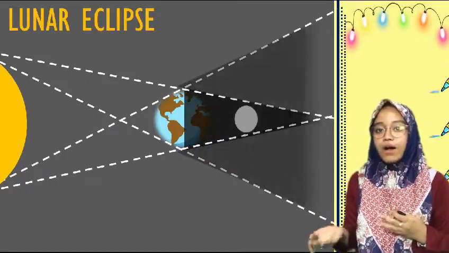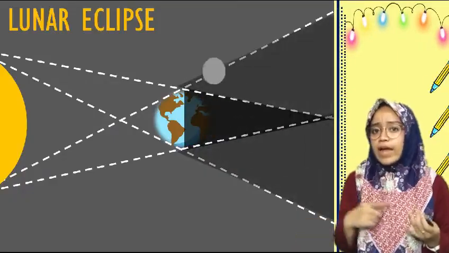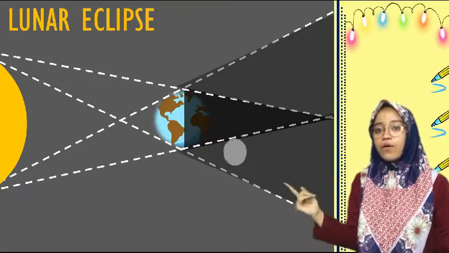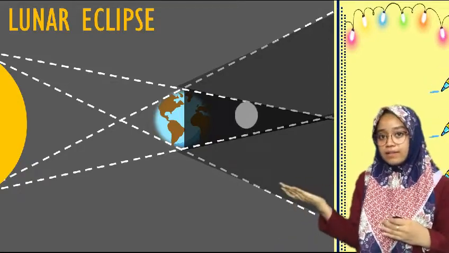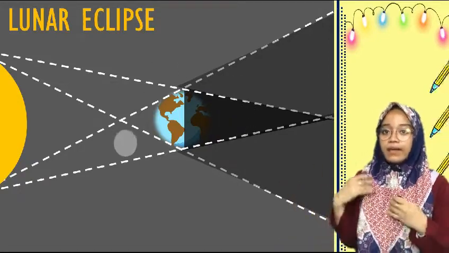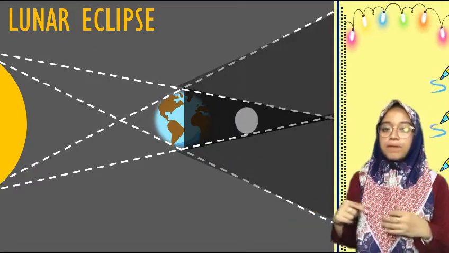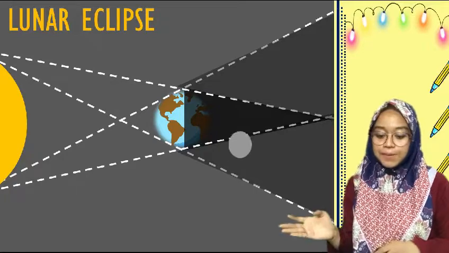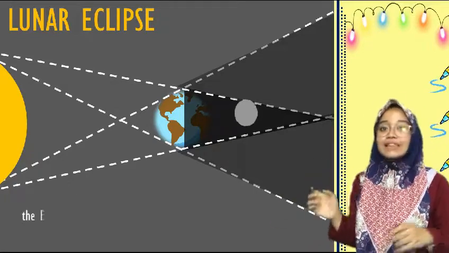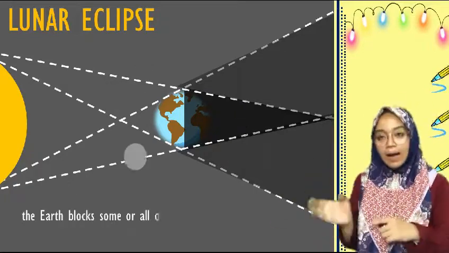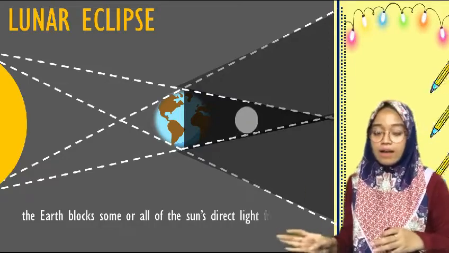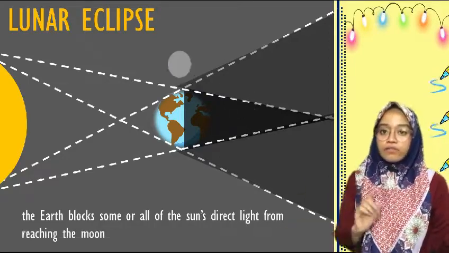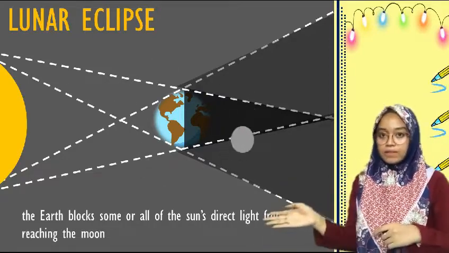And what is the difference between solar and lunar eclipses? Now we can learn about the lunar eclipse. A lunar eclipse can occur when the Earth blocks some or all of the sun rays from reaching the Moon.